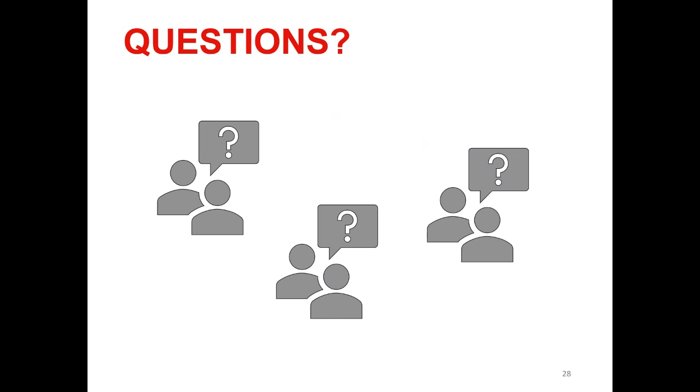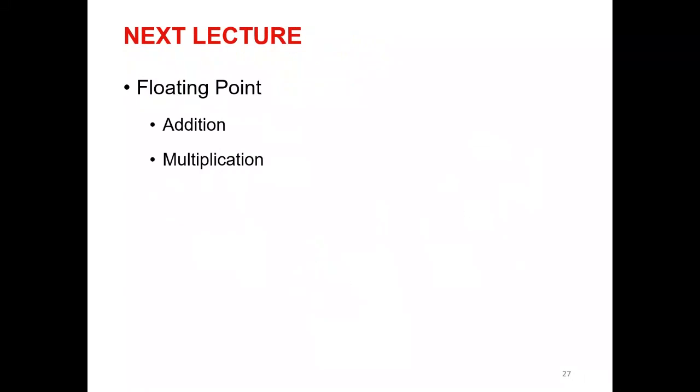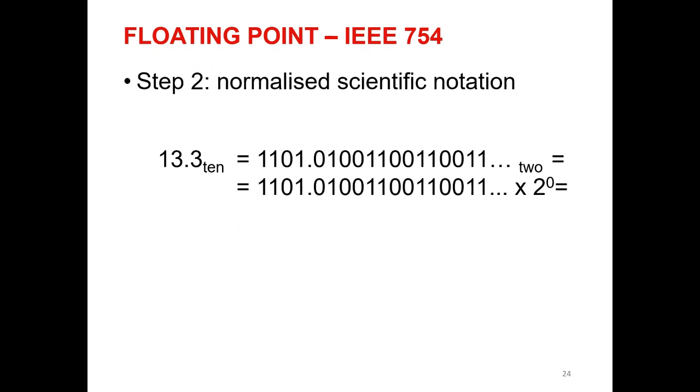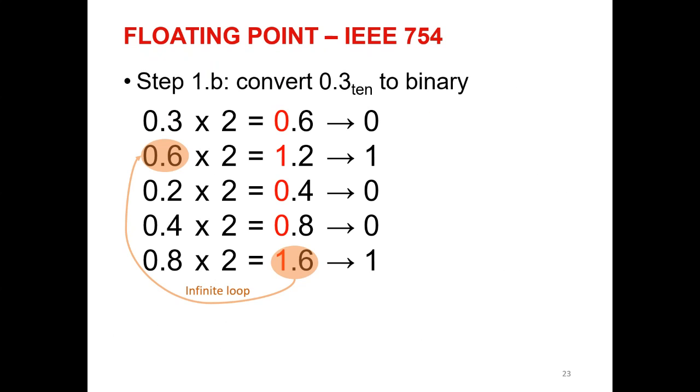Someone is asking why I was multiplying by 2 in the first converting from floating point example, and now I am dividing by 2. As I have mentioned, I have shown you a method for converting from decimal to binary.